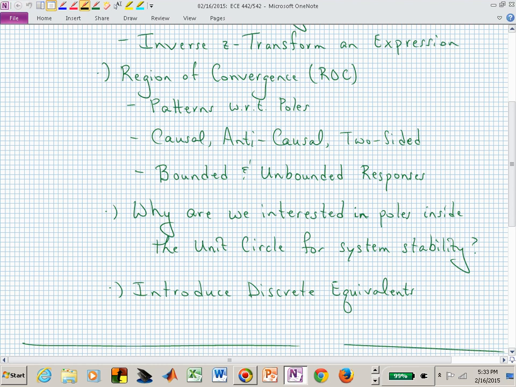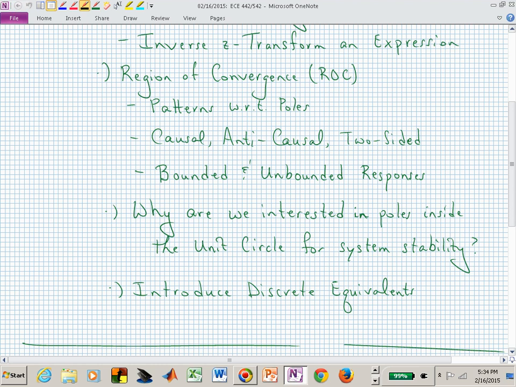We will talk about causal, anti-causal, and two-sided, and these are independent of a bounded or unbounded response. So you have basically 4 different patterns that you could look at. You could say, I have a causal bounded, I have a causal unbounded, I have an anti-causal bounded, I have an anti-causal unbounded.